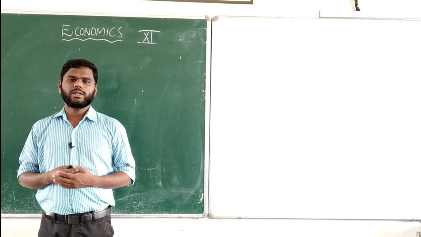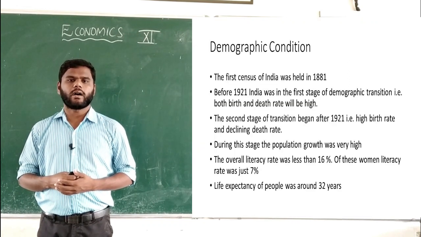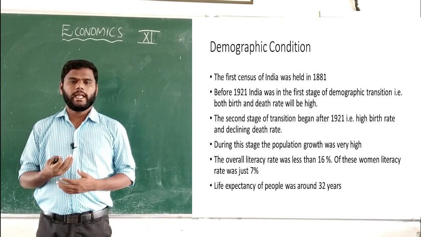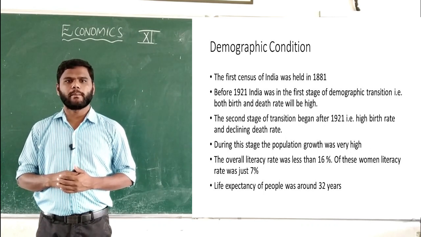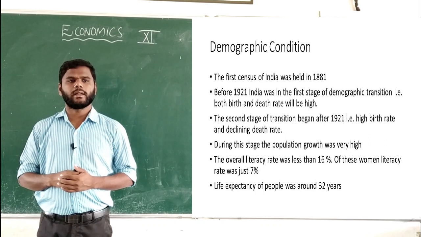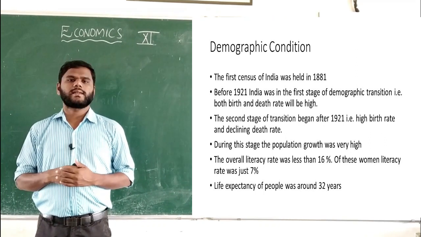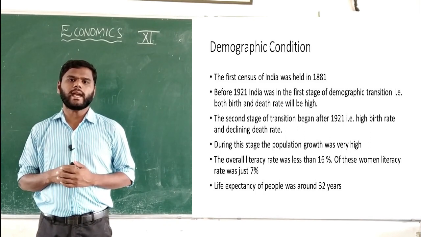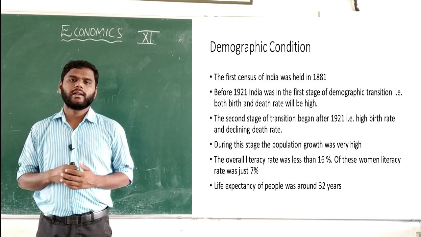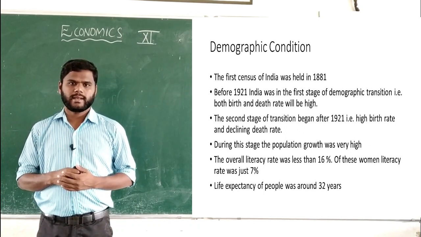Today we are going to discuss the demographic condition of India during the rule of the English East India Company. The first census in India was held in the year 1881. What do you mean by census?